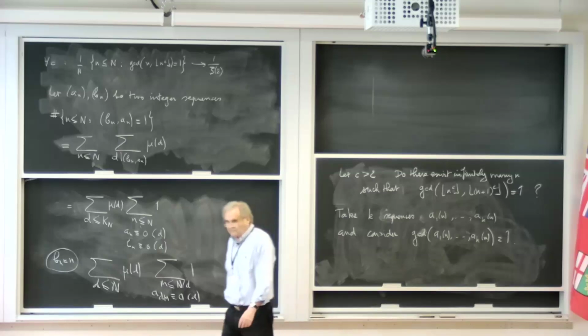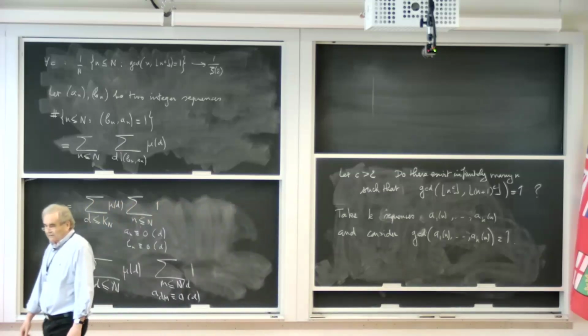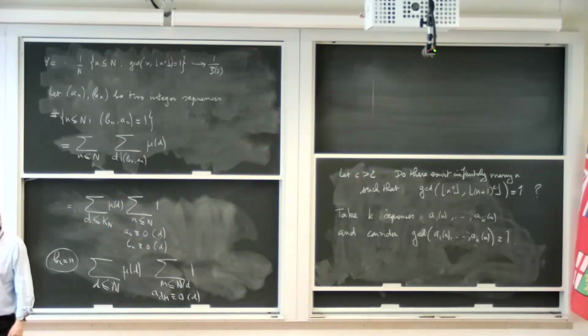If you take some random sequences, what you would expect is a similar result: 1 over zeta of 2 becomes 1 over zeta of k. And this has been studied also.